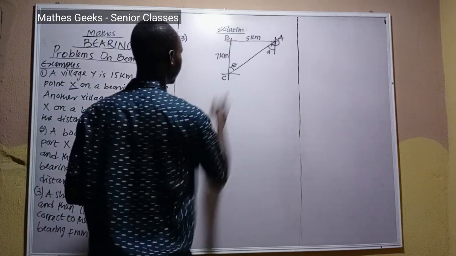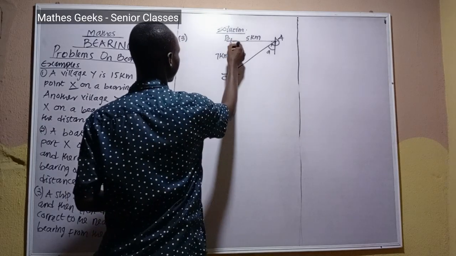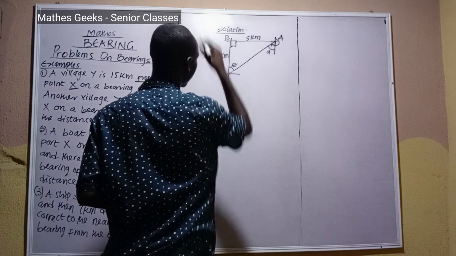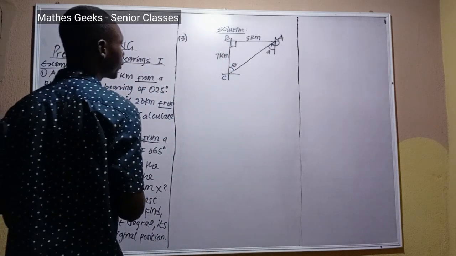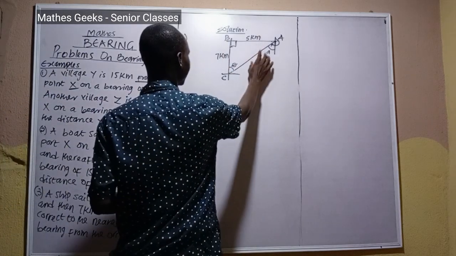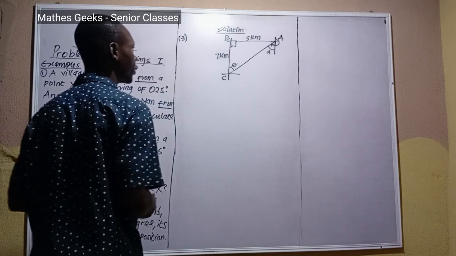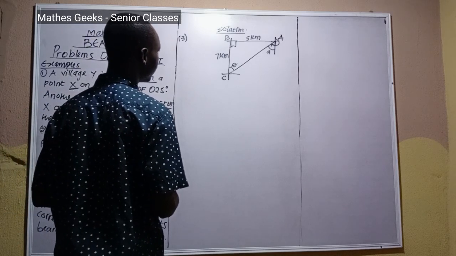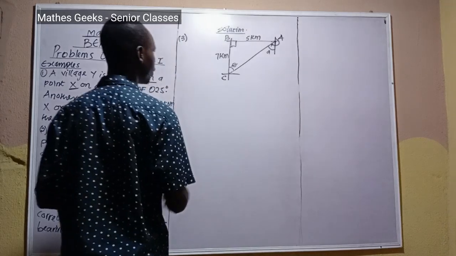So what do we have here? This is 90 degrees. For us to get this angle, first of all, let's get this distance, line AC. Is it relevant? Yes, it is for our calculation of this angle.